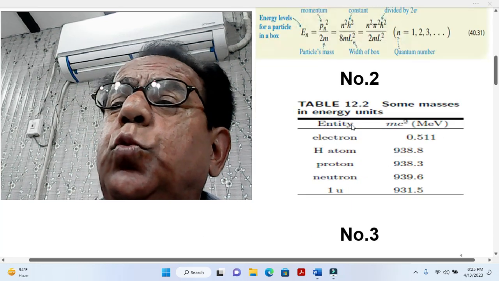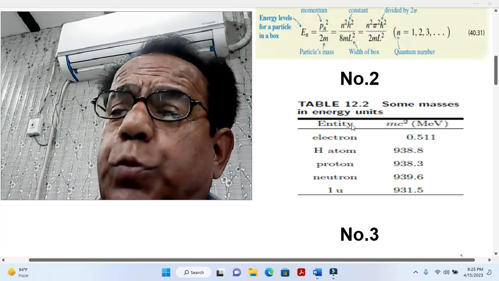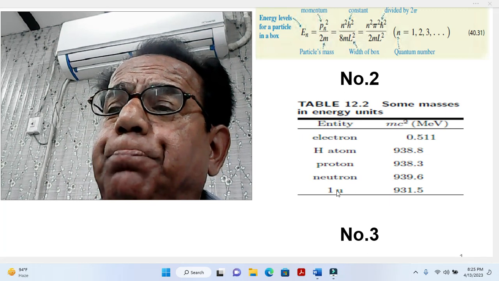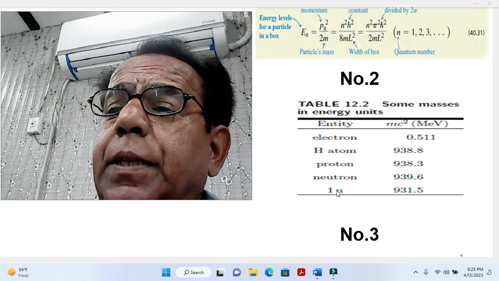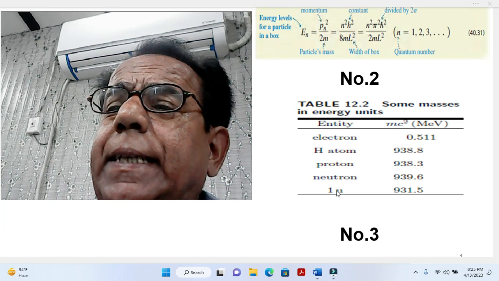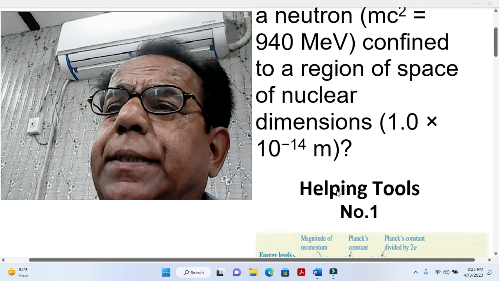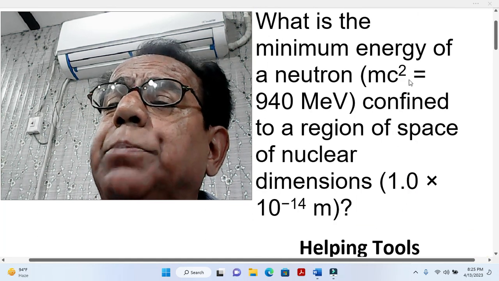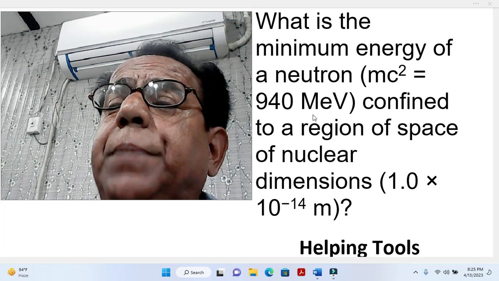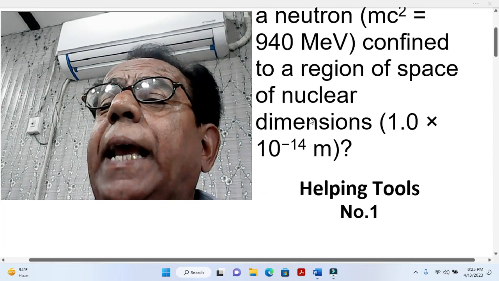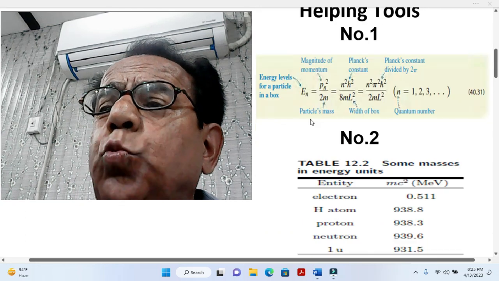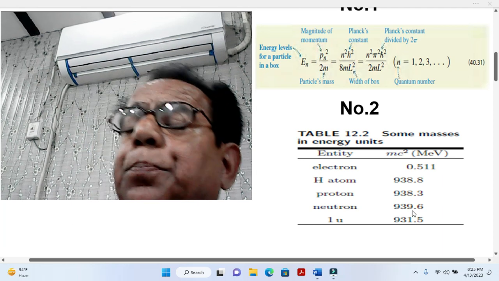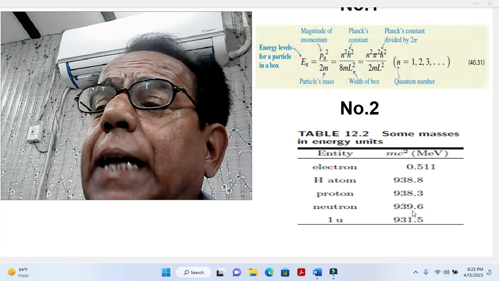Now we come to tool number 2. Dear students, here one thing is slightly changed. The statement says the minimum energy of a neutron, mc square equal to 940 million electron volt. Actually, as per tool number 2, the neutron is 939.6 million electron volt.